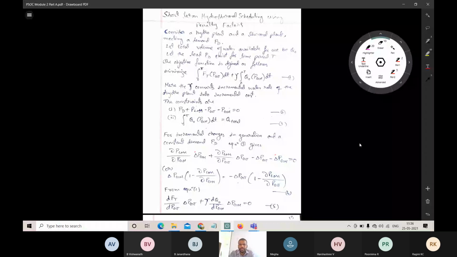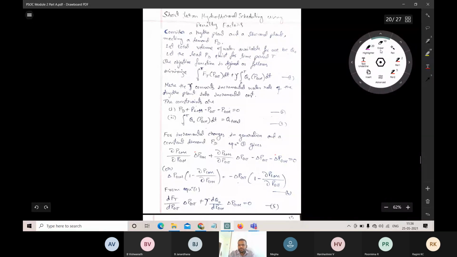PD is the total power demand for the total time period T. If you want to minimize the thermal production cost and the amount of water discharged, just use this equation: the integral from 0 to T of Ft(PgT) dt.